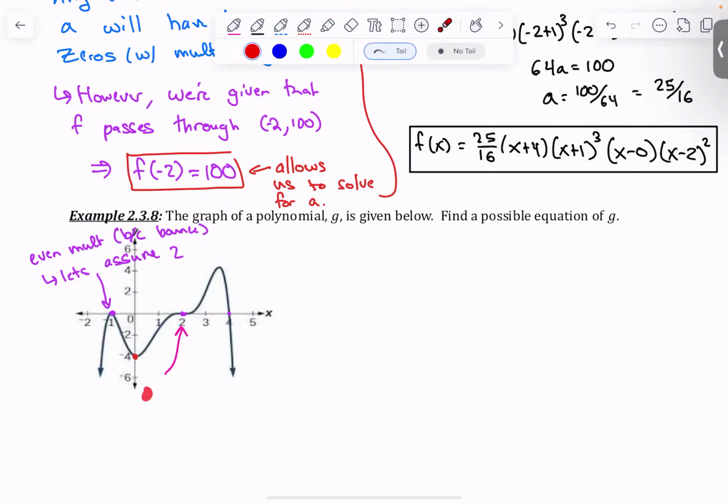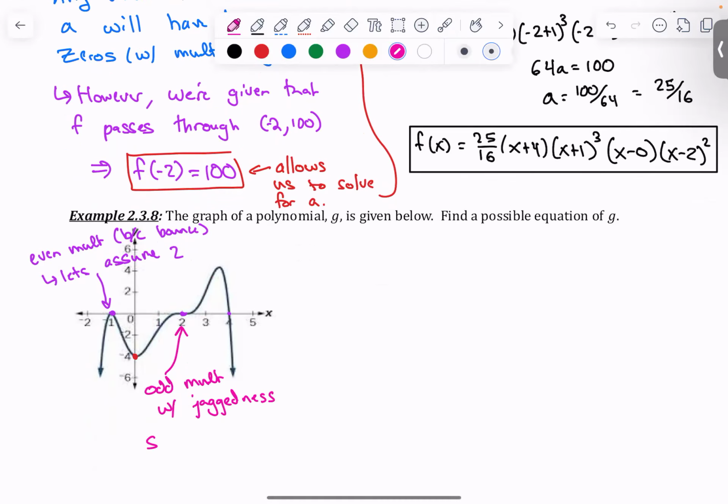So odd multiplicity with jaggedness. Let's assume multiplicity equals 3. So it has a little bit of wiggle, but you could also make the multiplicity 5 or 7 or 301. It's your choice, because it's just a possible equation.